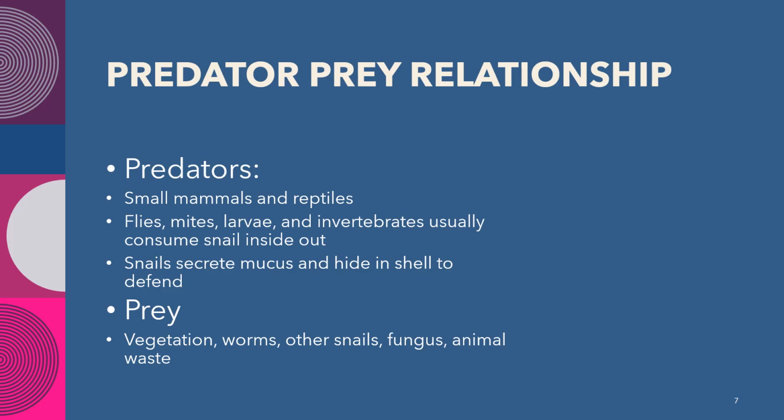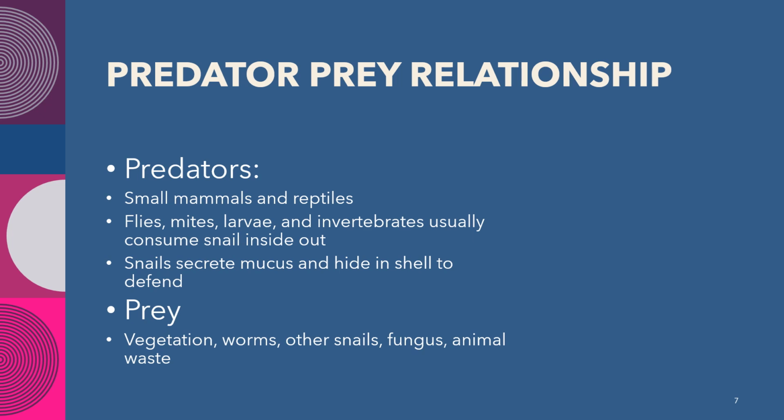Snails have a lot of predators: other invertebrates, mammals, and reptiles. Even small things like flies, mice, and larvae can eat snails. They will typically all be on the smaller side. No large mammals or reptiles will eat snails.